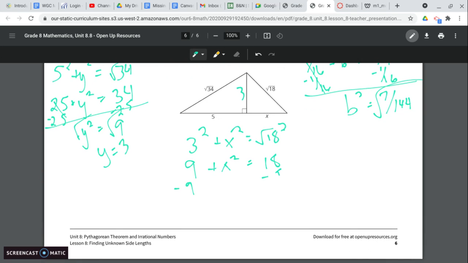Subtract the 9. We end up with x squared equals 9. Take the square root. So ironically, x equals 3. So 3 was the same for both of those. All right, so a lot of practice using the Pythagorean theorem, and remember, it has to be with right triangles. It always has to be with a right triangle.